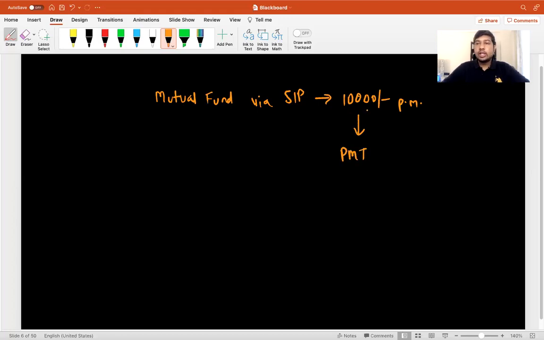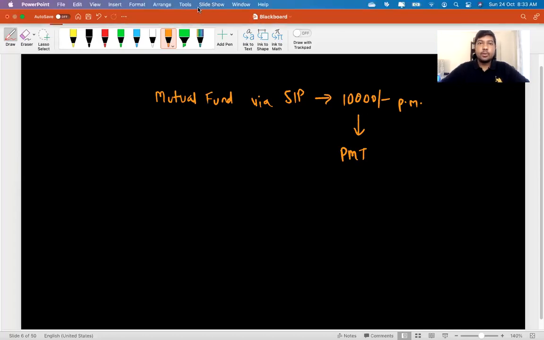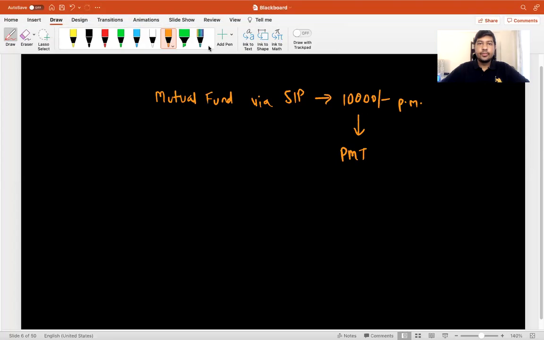What will you put this 10,000 as? Will it be positive or negative? What do you think? Let me know in the chat box. I want everyone to answer, please. It depends whether it is a cash inflow or an outflow. If it is an outflow, it will be negative. If it is an inflow, it will be positive.